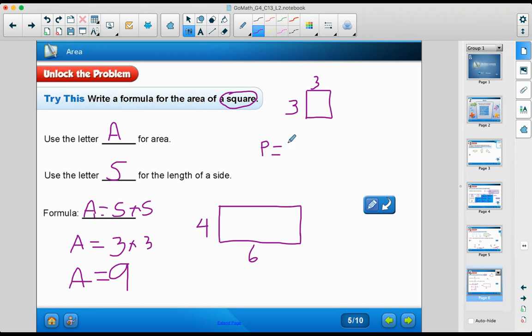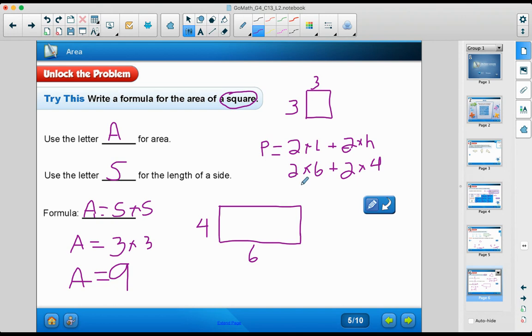Perimeter equals 2 times the length plus 2 times the height. So the perimeter equals 2 times 6 plus 2 times 4.